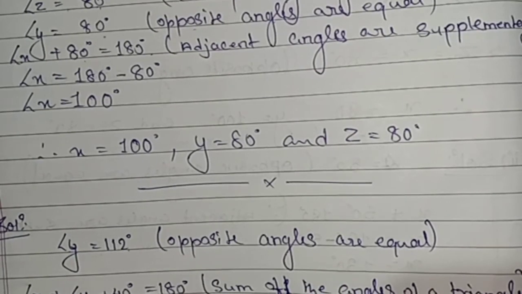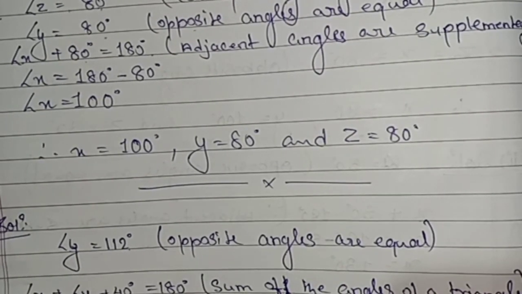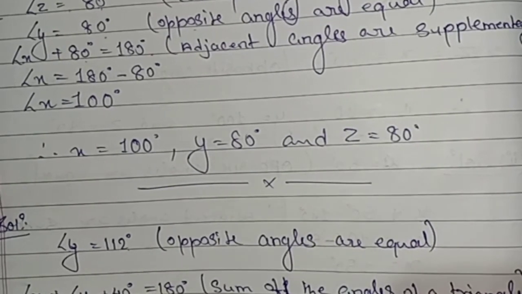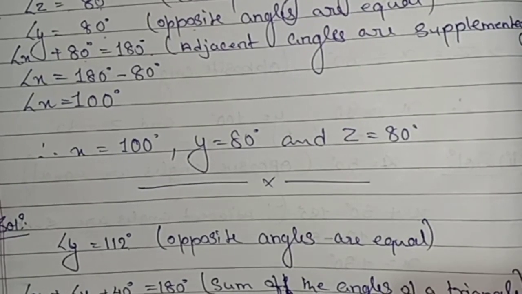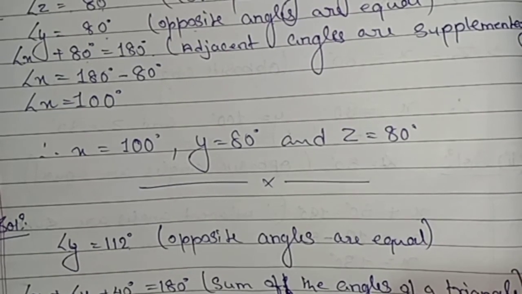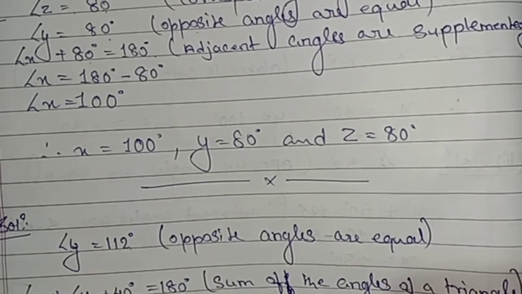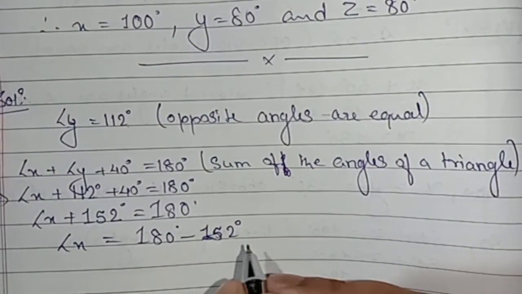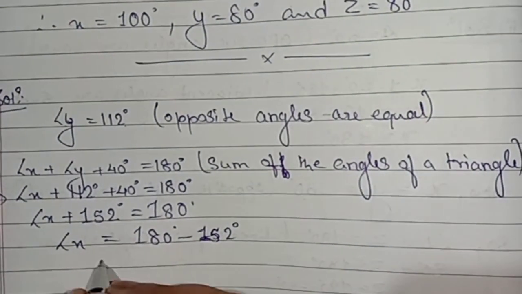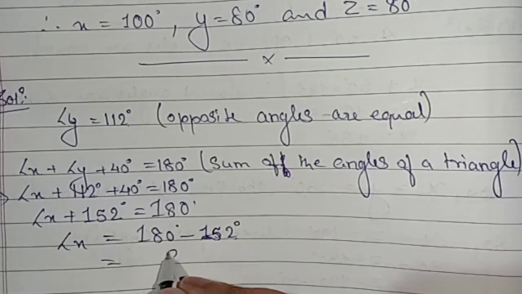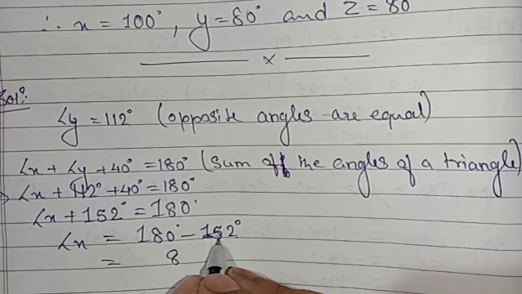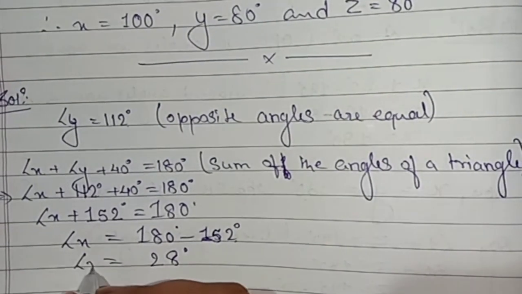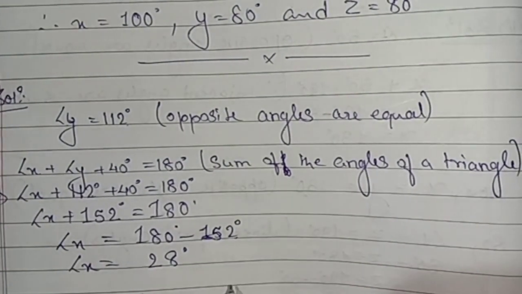So angle X plus 152 degrees is equal to 180 degrees. So angle X is equal to 180 degrees minus 152 degrees. If we subtract, 10 minus 2 is 8, 7 minus 5 is 2. So angle X is equal to 28 degrees.